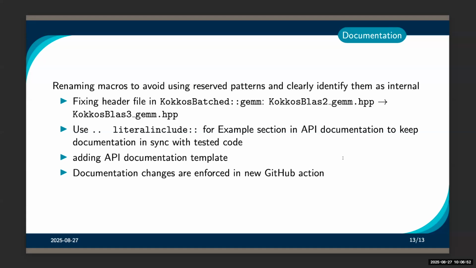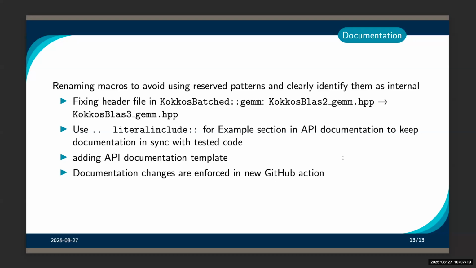So basically, this literalinclude is going to go in our source repo and look at the actual CPP file in which we type the example that gets compiled inside every GitHub PR. And so that means that we keep that in sync properly with the changes in the APIs, etc. We are adding the API documentation template.